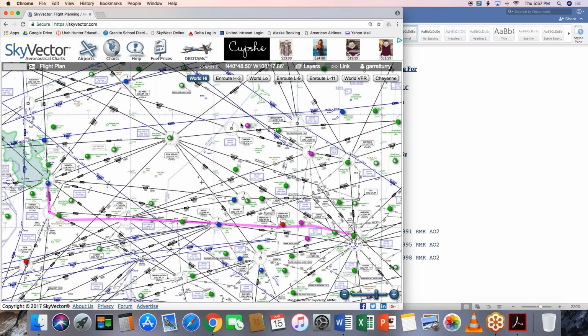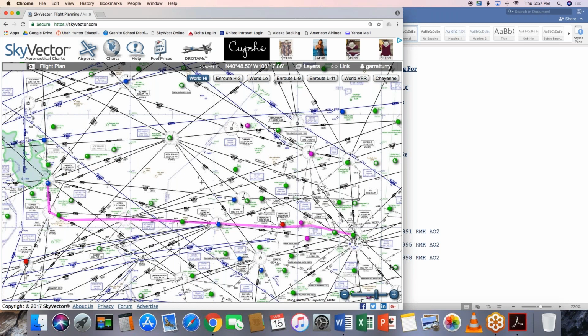Now to figure out our ISA deviation, we've gotta take our current outside air temperature and subtract ISA from it. Right now in Denver, it's 18 degrees on this flight plan.